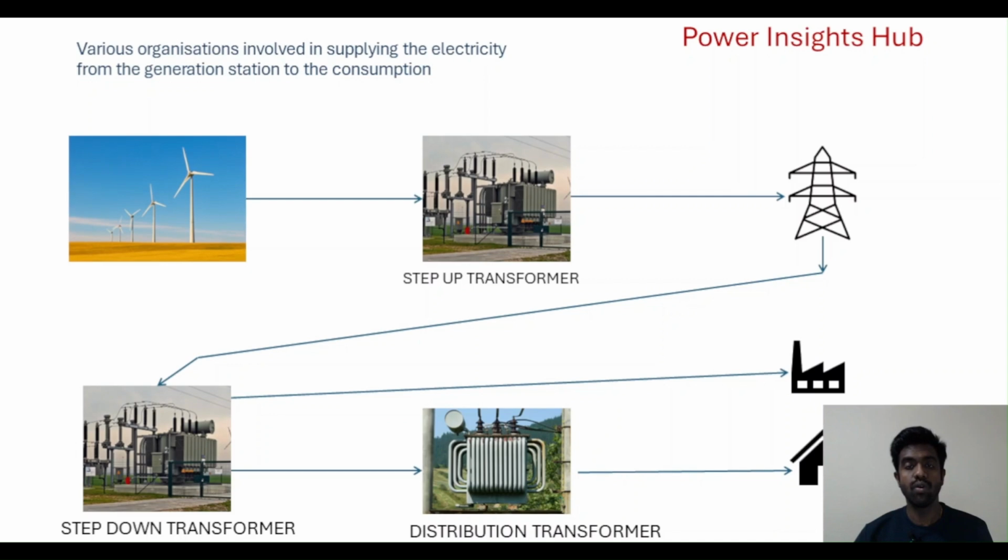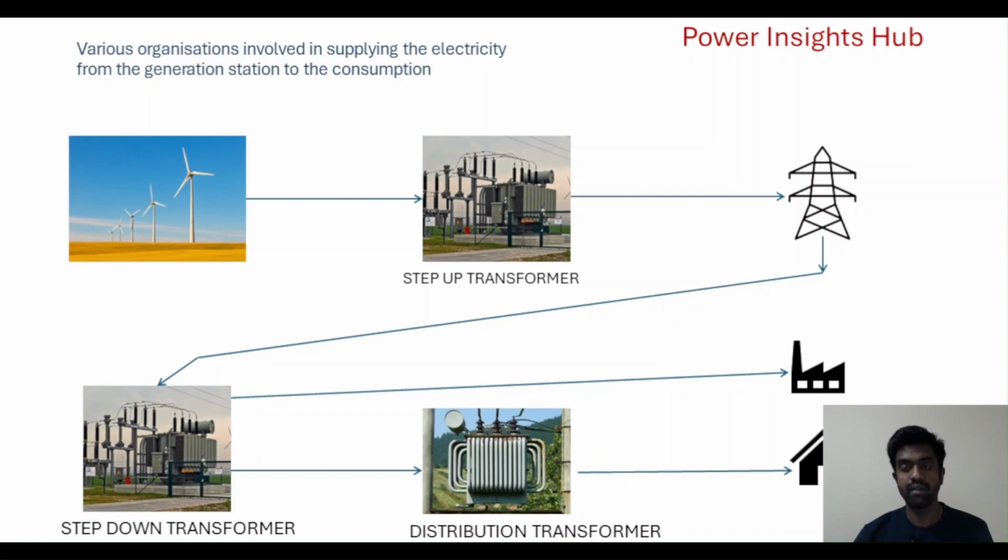So once you have generated the power, you have to step it up. With natural gas and coal generation, the generators are rated around 15 kV, and you have to step up the voltage level of the generated power, and then it has to be transmitted to the transmission lines.